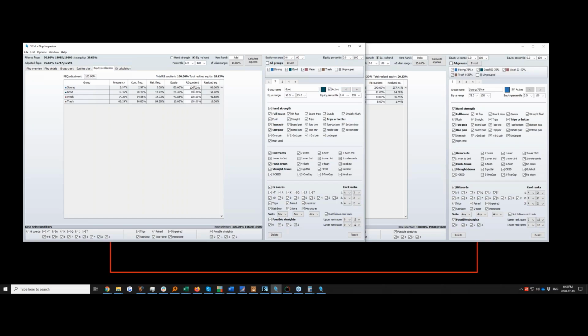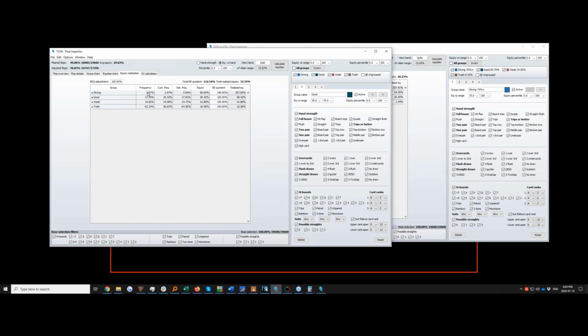So sometimes we flop a monster and we double up, we win the pot plus double up. So we over-realize our equity and make 240% equity realization. But again, this makes up only 3% of flops. So even though sometimes you flop a monster, it's not really going to be worth it because of how little frequency this happens.